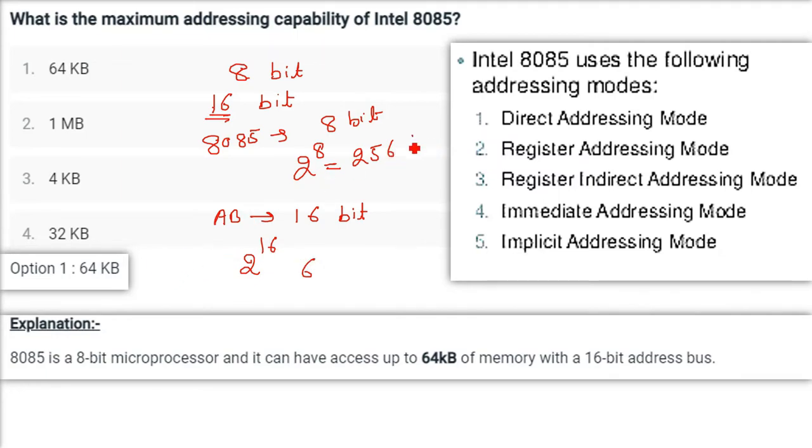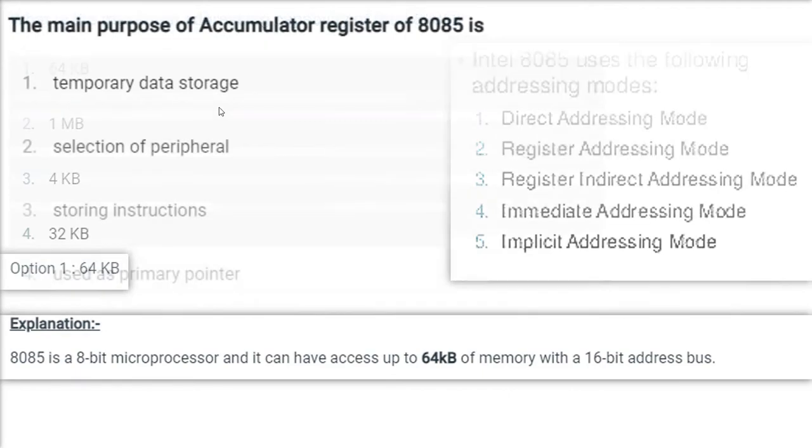Whenever we talk about memory, 1000 is not equal to 1024, because 1 KB is 1024 bytes. Still we call it 64 kilobytes, and here kilo is 1024, not 1000, right? So 8085 is an 8-bit microprocessor and it can access up to 64 KB of memory.